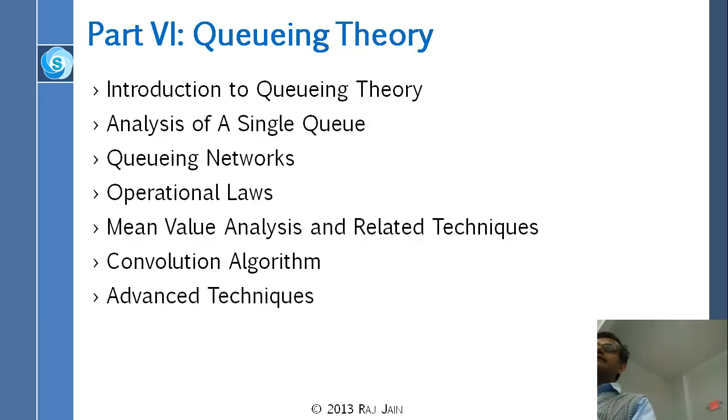And there are techniques that will give you that kind of information, and that's what I want to explain. Operational laws. Mean value analysis goes a little more mathematical, then convolution theory and advanced techniques. We will probably not get that far, but this is all in the book. We will probably get up to operational laws, and if time permits, MVA, mean value analysis.